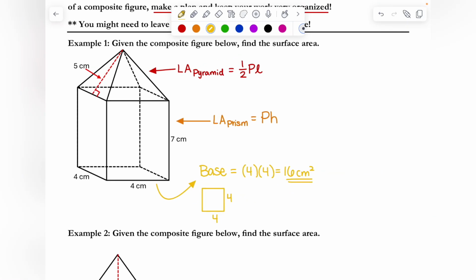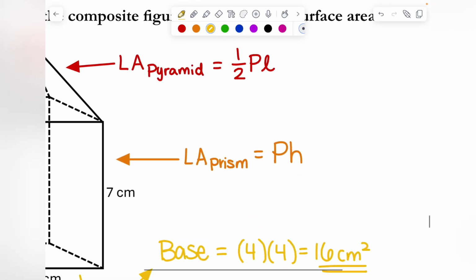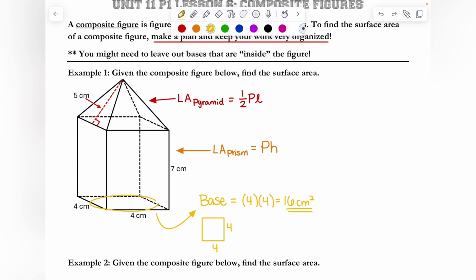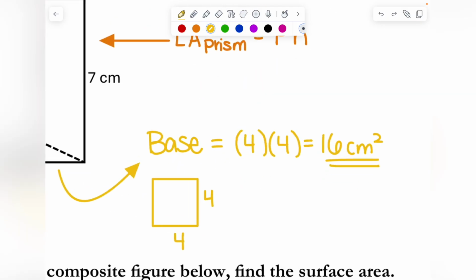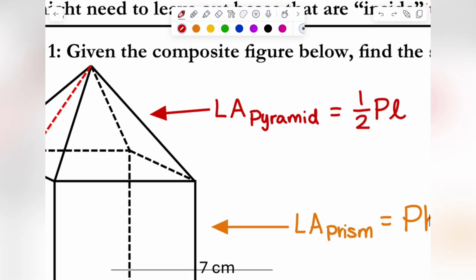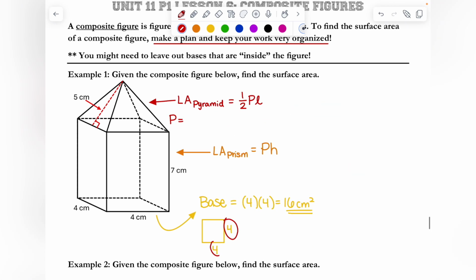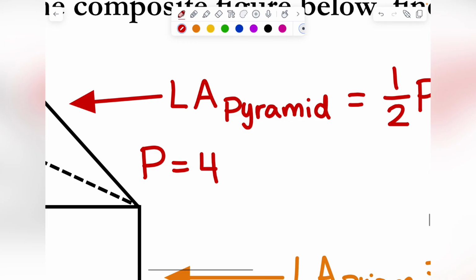The reason I wanted to talk about the base first is because these perimeters are going to be the perimeter of the base, because all of these objects have the exact same base. So the perimeter of the base is 4 plus 4 plus 4 plus 4, or 4 times 4, because it's a square base. That's 16. That's the perimeter.